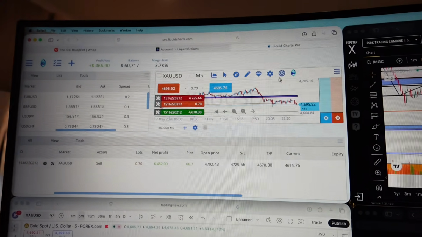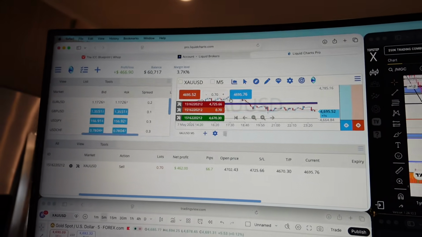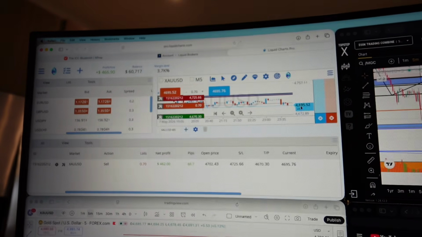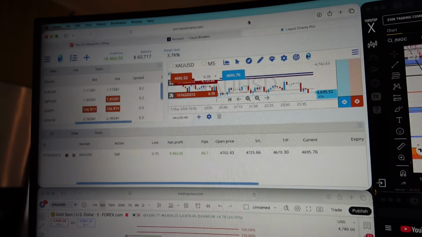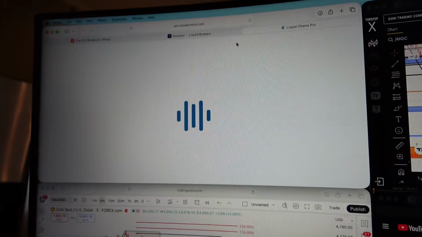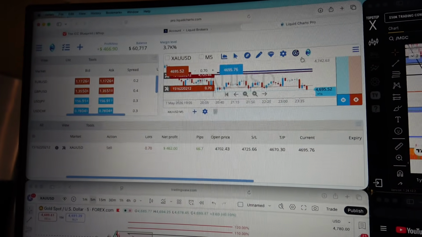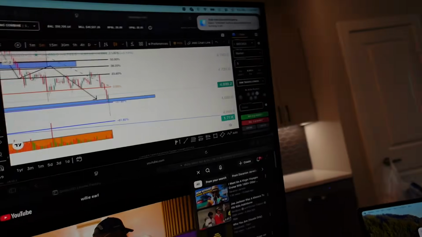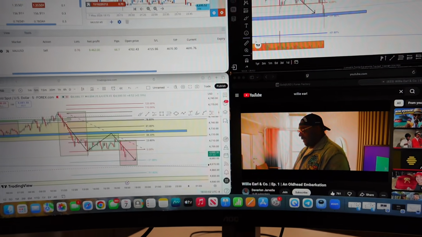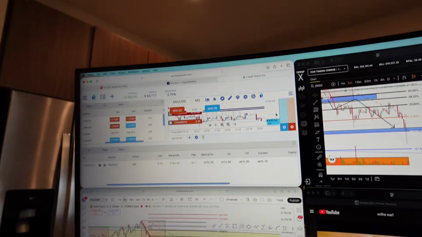Open up. Come on. Dang, is it open? It's open. Marcus is moving. Timer is on. Why is Liquid not open yet?